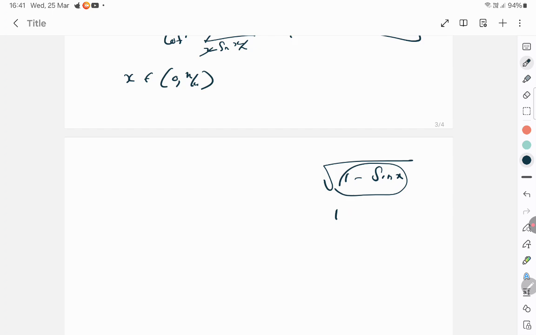So 1 has to be always greater than or equal to sin x. So sin x has to be always lesser than or equal to 1. When will sin be 1? Sin will be 1 when it is 90 degrees or less than 90 degrees. So you know that this has got to be in the first quadrant. But they've given 0 to pi by 4 in this sum.